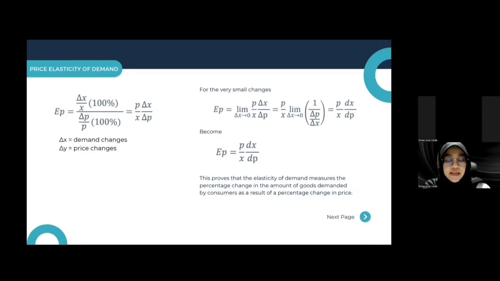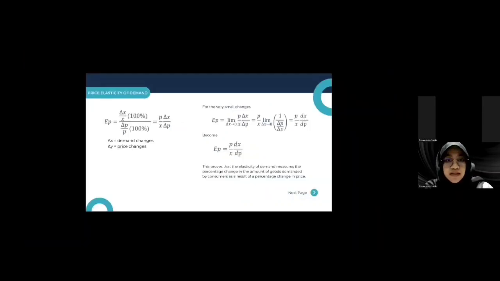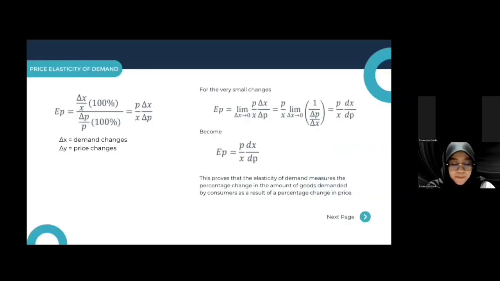This proves that the elasticity of demand measures the percentage change in the amount of goods demanded by consumers as a result of a percentage change in price.